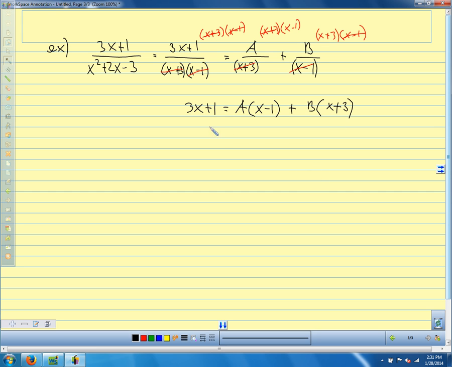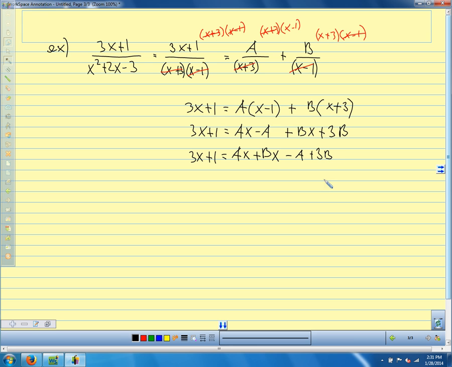Now I'm going to distribute. 3x plus 1 equals Ax minus A plus Bx plus 3B. Now I'm going to get all the parts with the x's together and all the parts that are just numbers together. So 3x plus 1 equals Ax plus Bx minus A plus 3B.